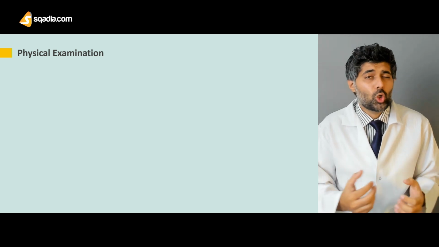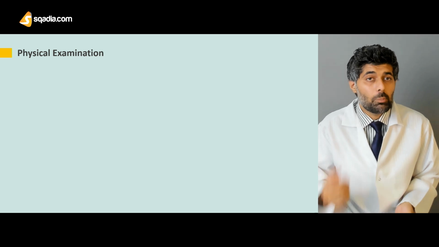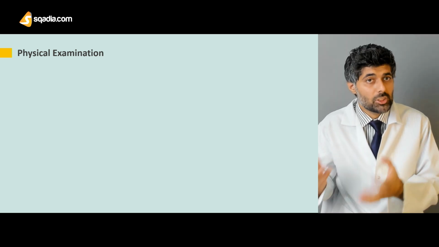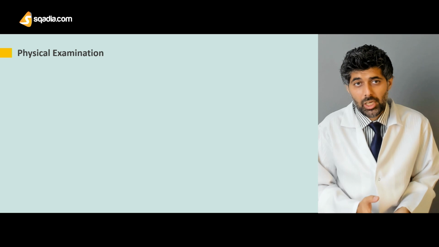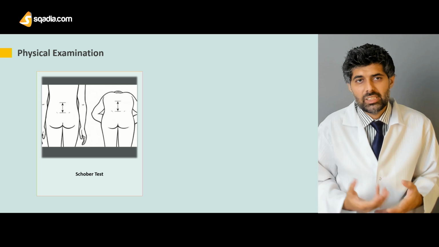Next, we're going to talk about the physical examinations that we might perform in a patient with suspicion of ankylosing spondylitis. Now, one of those is called the Schober's test.